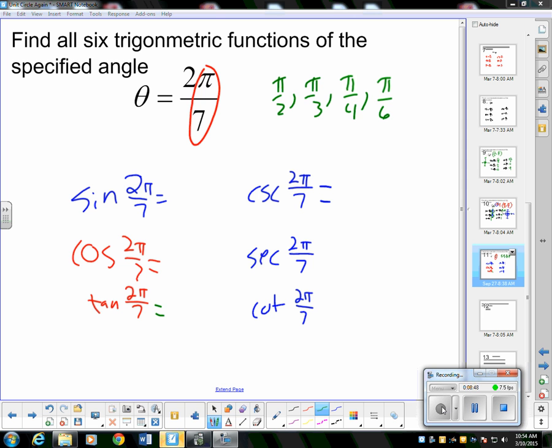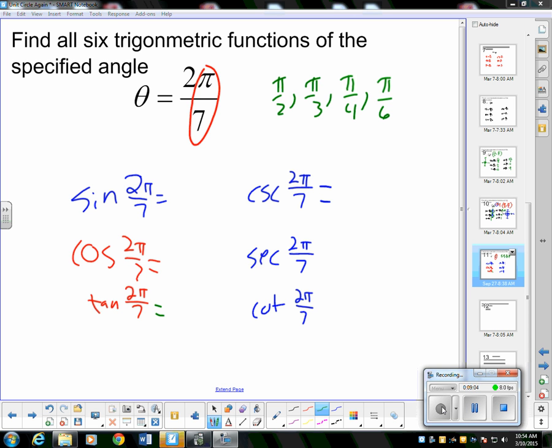So you can already tell that this angle right here is not an angle that's coterminal with the angles we deal with on the unit circle. That part should be pretty straightforward there. So the next question is how in the world are we going to find these values of this trig function?